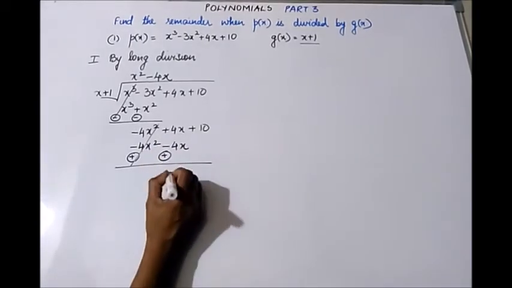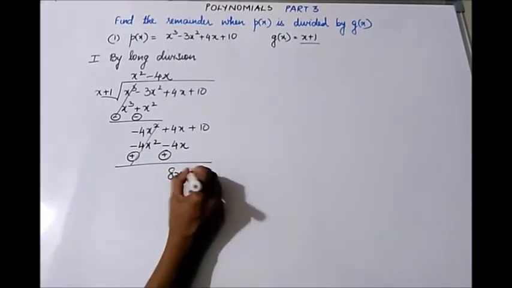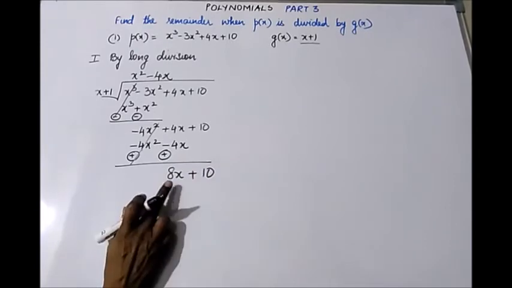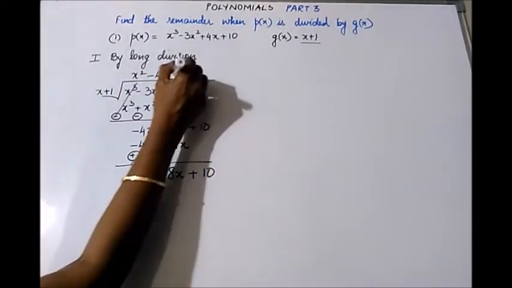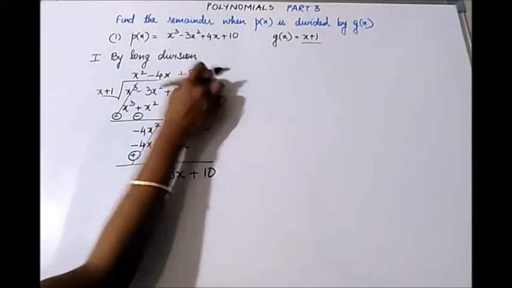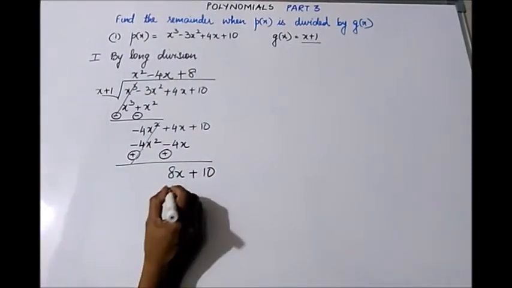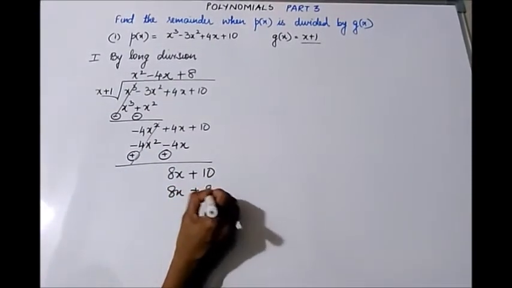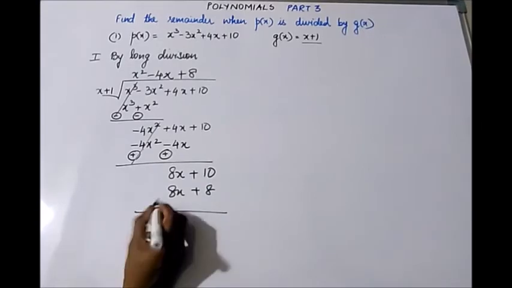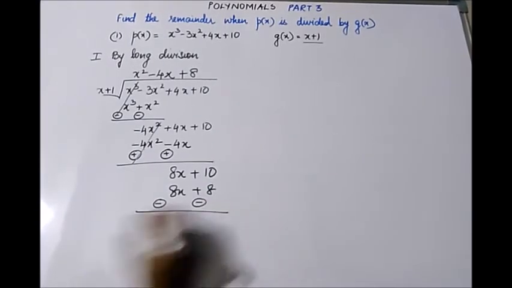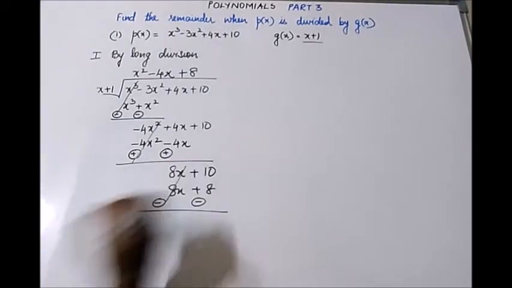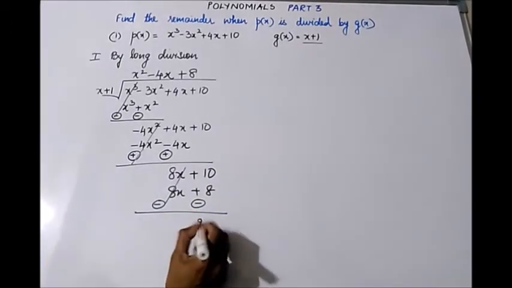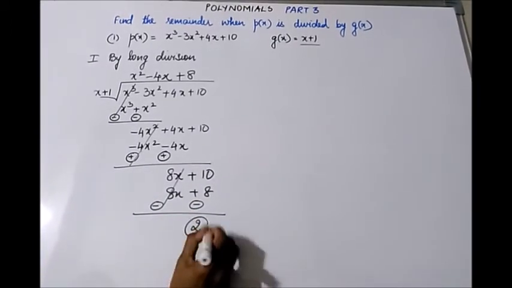Plus 4x it will give us 8x, get the remaining term. Now 8x divided by x will give me plus 8. Multiply 8 by the divisor, you will get here 8x plus 8. Subtract. Your sign will change. 8x minus 8x will get cancelled. 10 minus 8 is 2. So here we find the remainder is 2.